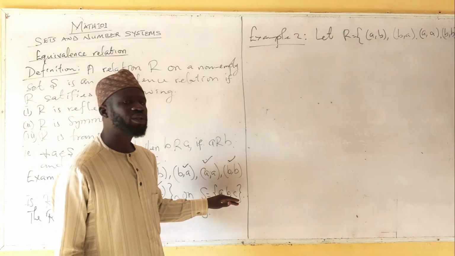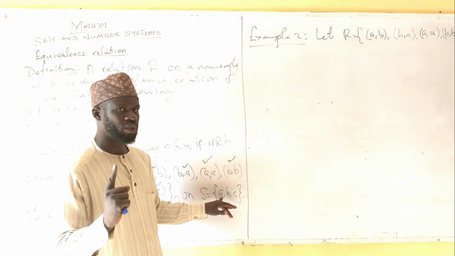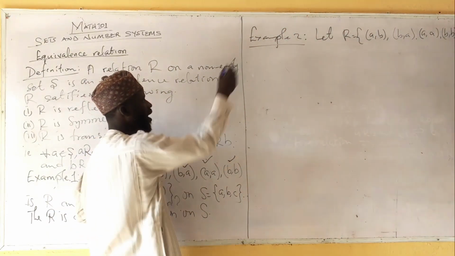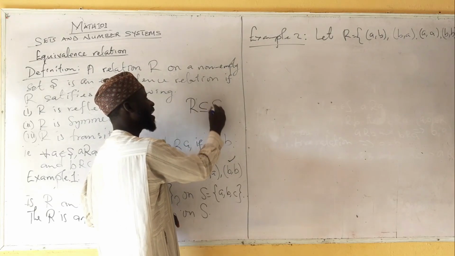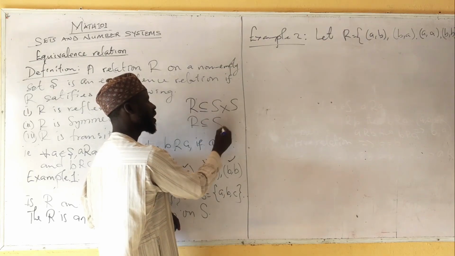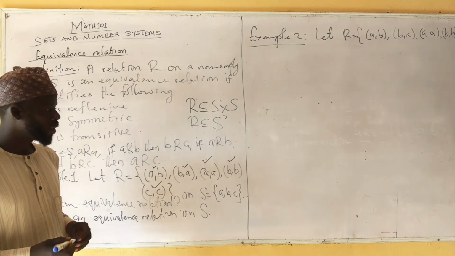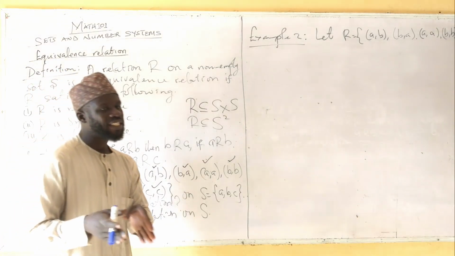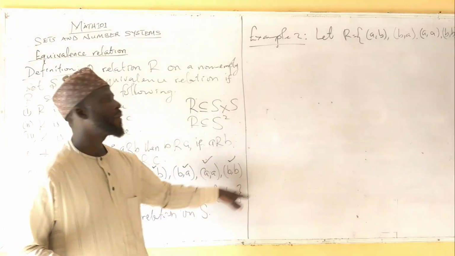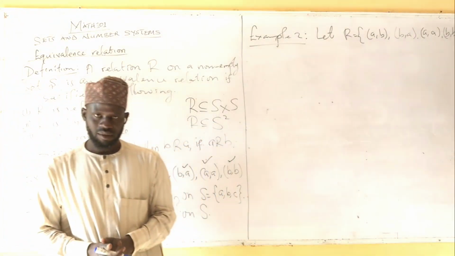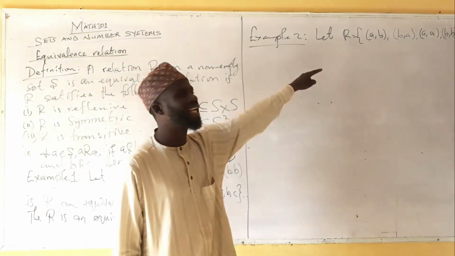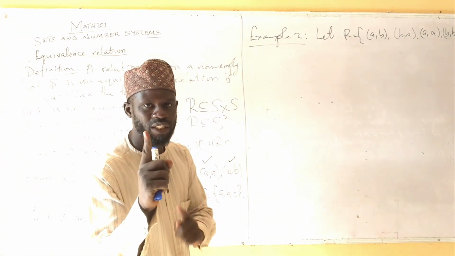A relation is just a subset of a Cartesian product of S. So here, the relation R that we have is a subset of S cross S, which we write as R is a subset of S squared. So it's just a subset. It's not necessary that all the elements of S appear in the relation R. But whenever an element appears in the relation R, then it must relate to itself.